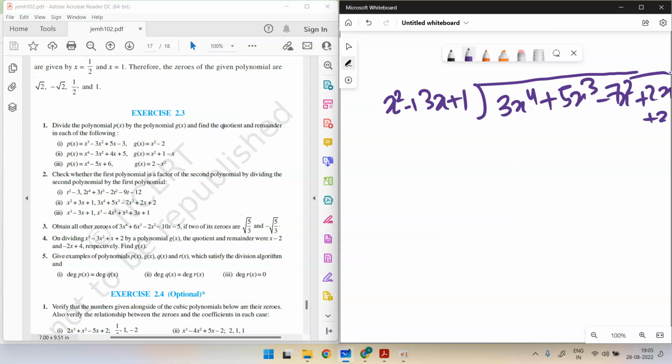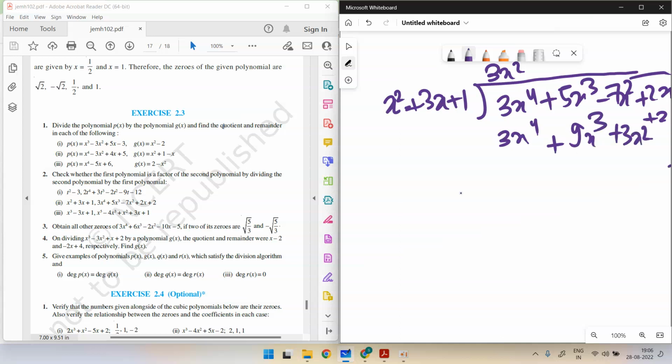Now for x square to 3x power 4, we will multiply by 3x square. So if you multiply this by this, this becomes 3x power 4 plus 3 into 3, 9x cube, plus 3x square.